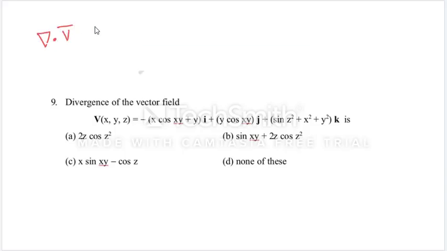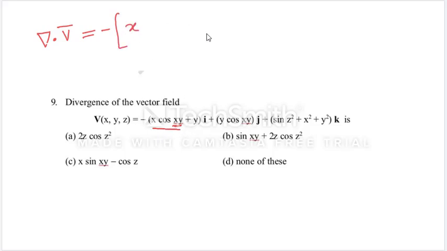Here is the very confusing thing, because they gave cos xy inside. We should be very careful here. Now tell me the divergence here. dou Vx by dou x. Here we should apply the u into v rule. So this is minus there, minus of u into v.